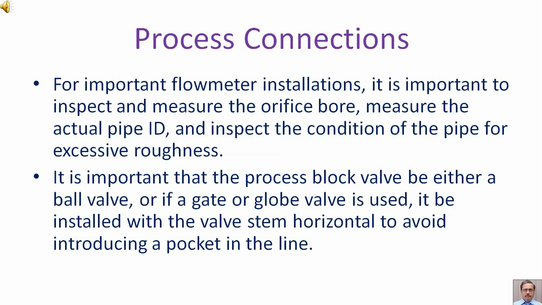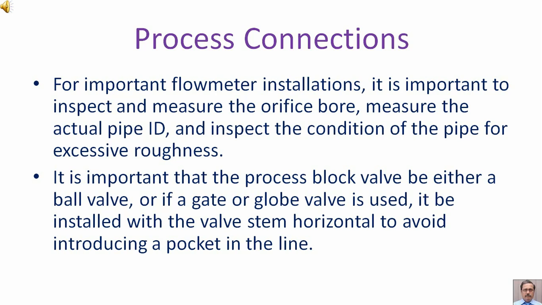For important flow meter installations, it is important to inspect and measure the orifice bore, measure the actual pipe internal diameter, and inspect the condition of the pipe for excessive roughness.